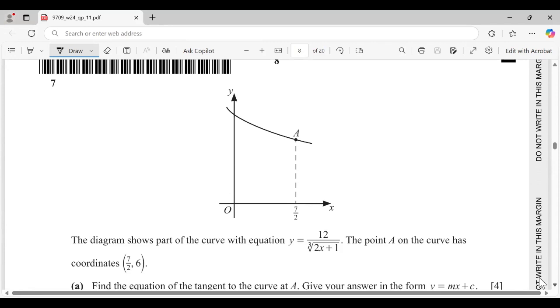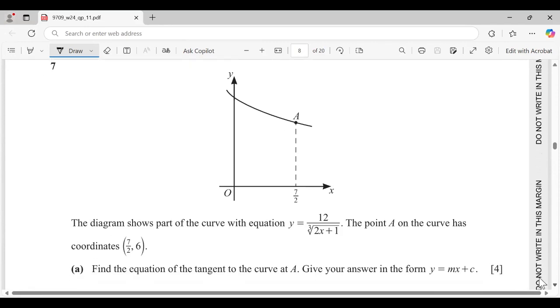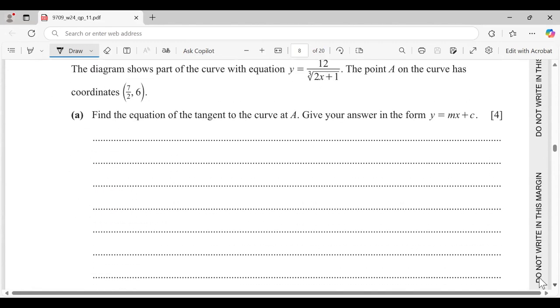Number 7. The diagram shows part of the curve with equation y equals 12 over the cube root of (2x plus 1). The point A on the curve has coordinates 7 half, 6. Find the equation of the tangent to the curve at A. Give your answer in the form y equals mx plus c.